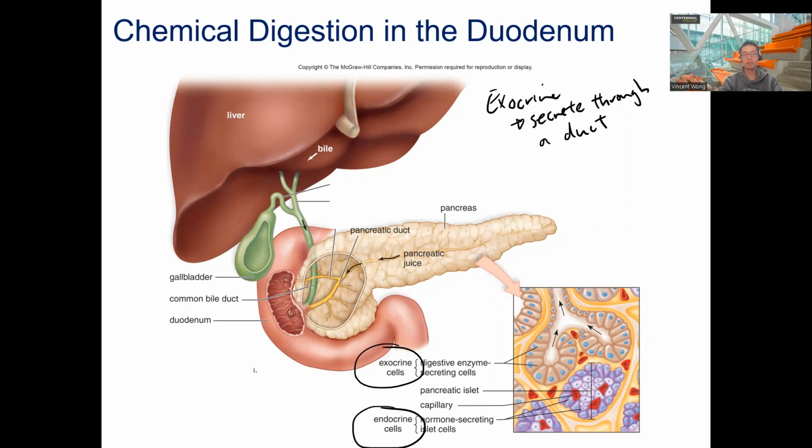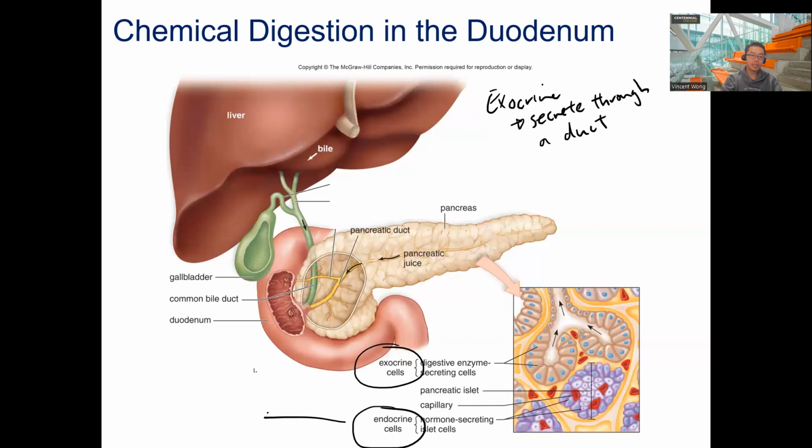This secretes milk during lactation, right? And the milk goes to the surface through a duct. That's an exocrine gland. And the pancreas is an exocrine gland because it will secrete pancreatic juice that goes to the pancreatic duct, which then goes into the duodenum. Okay, so that's the exocrine function.